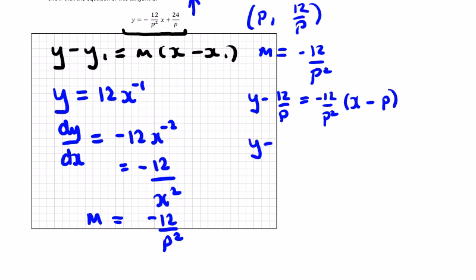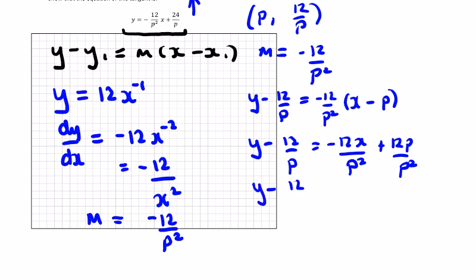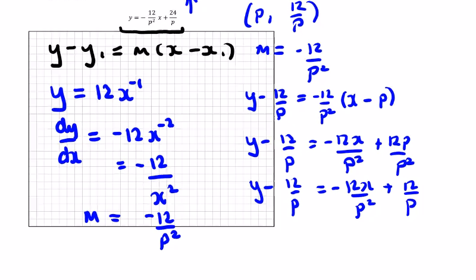Multiply this out, we get y minus 12 over p is equal to minus 12x over p squared plus 12p over p squared, which is going to simplify to be y minus 12 over p equals minus 12x over p squared plus 12 over p. There's one p on top and there's a p squared in the bottom.